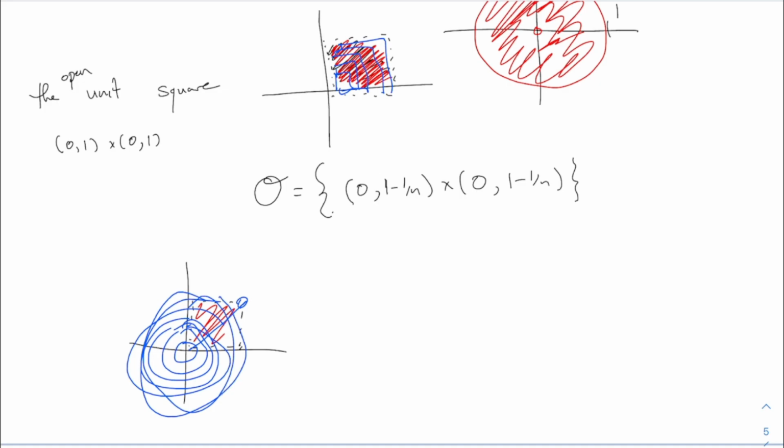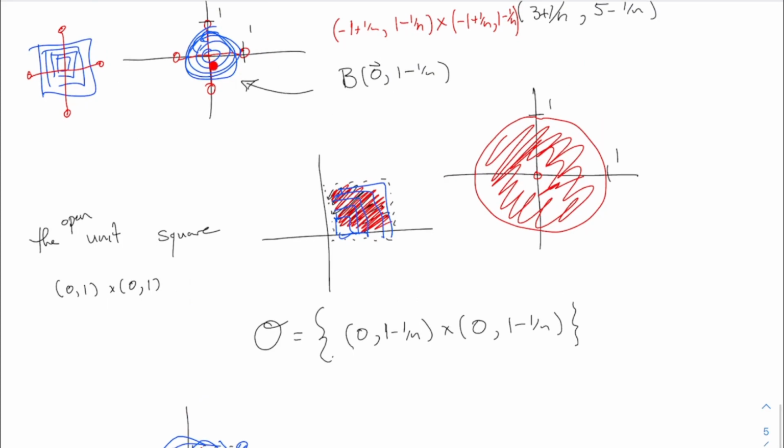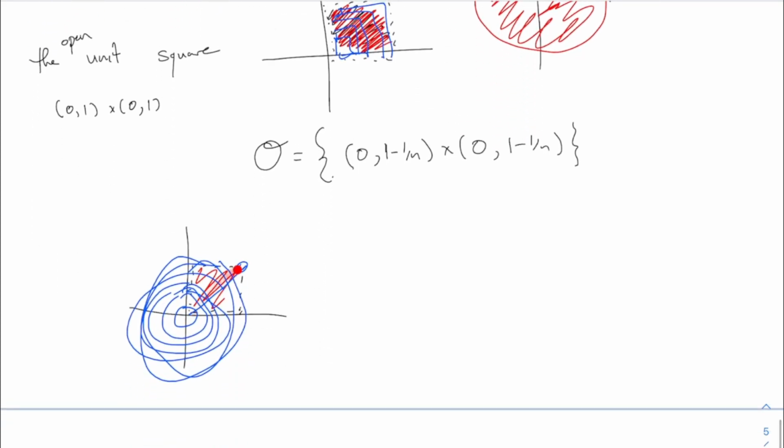And this covers the whole square, but approaching that corner point. And so you need infinitely many of those sets. Are you impressed, or do you think that I'm being needlessly complicated? This seemed obvious to me because I had just done this one, and I realized, oh, I can just do the same thing again, and it will still work. And it's true. You can just do the same thing again, and it will still work. You have to stretch the radius a little bit.